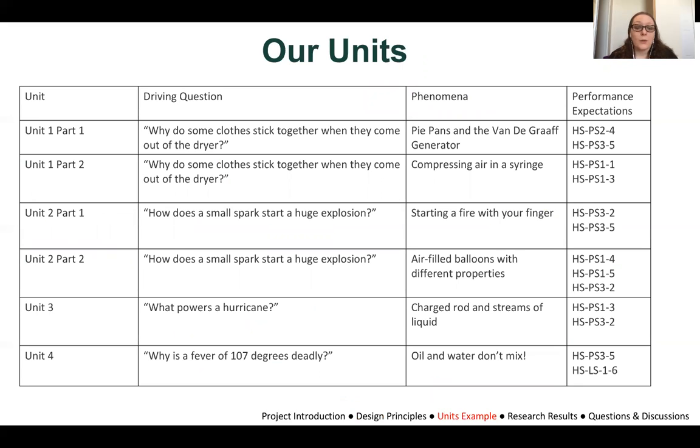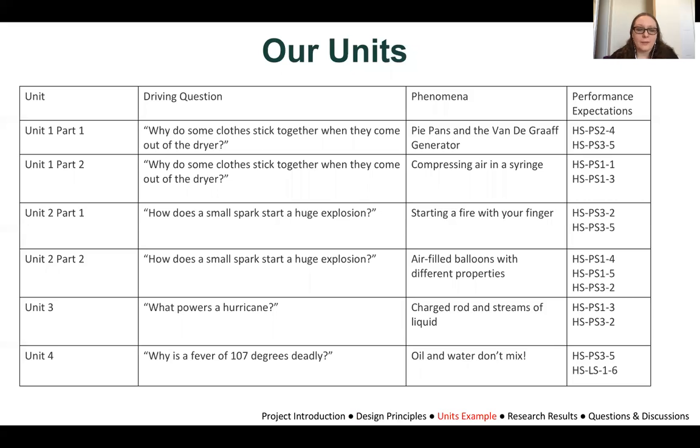Here's just a quick overview of the units that we have in the Interactions curriculum. I always say that Interactions doesn't really have 4 units, it really has 6 parts. The reason is that we as a research team defined a unit as all the stuff that we needed to be able to explain a phenomenon.